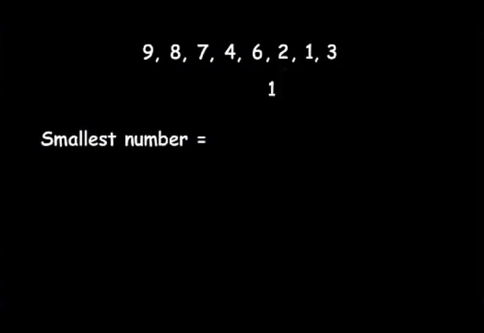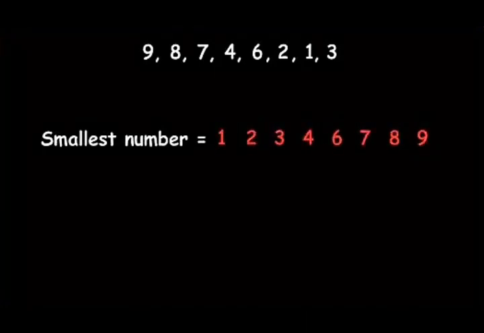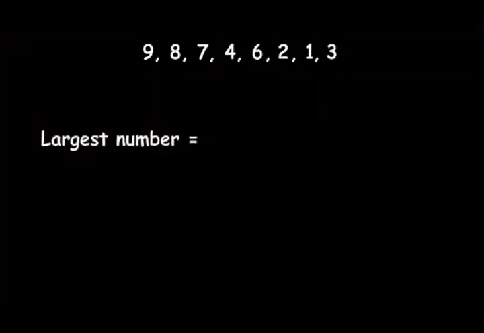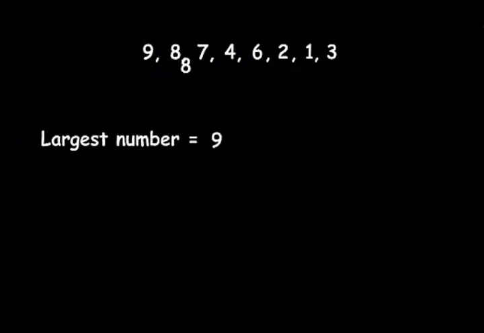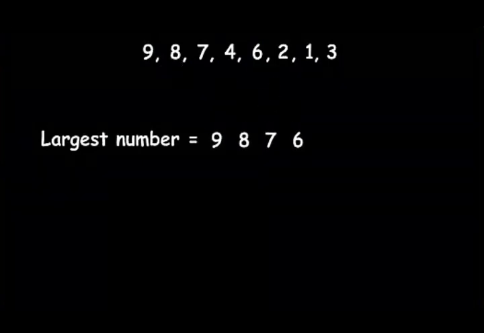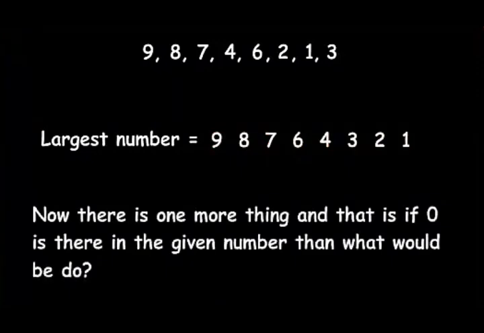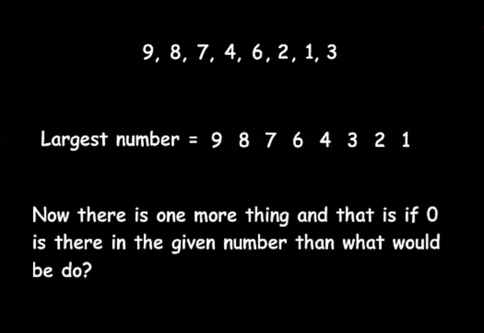So for smallest number, rewrite the digits in ascending order like this. Smallest number is 1, 2, 3, 4, 6, 7, 8, 9. And for the largest number, rewrite the digits in descending order like this. Largest number is 9, 8, 7, 6, 4, 3, 2, 1.